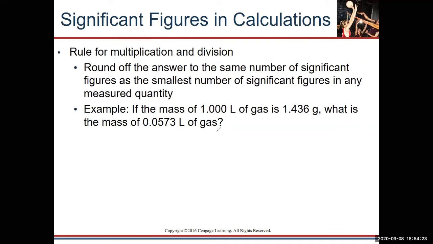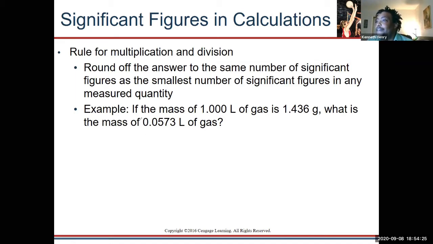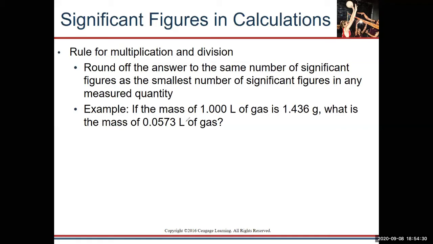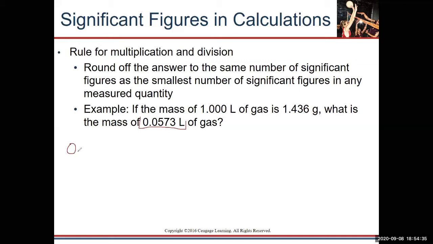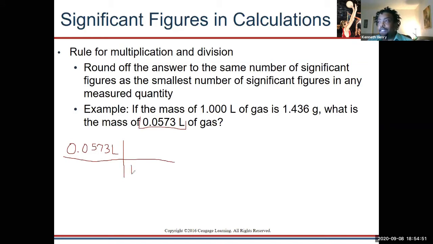The given? Okay, what's our given? 0.0573 liters over 1.00. So don't forget those points because they're significant, right?